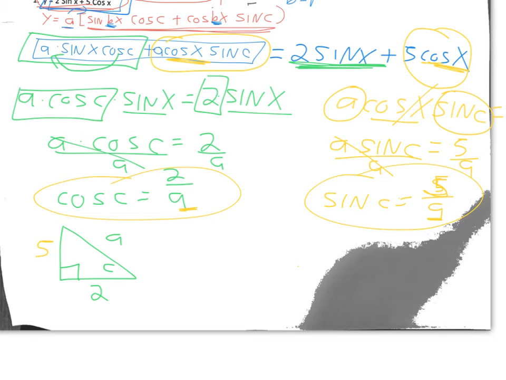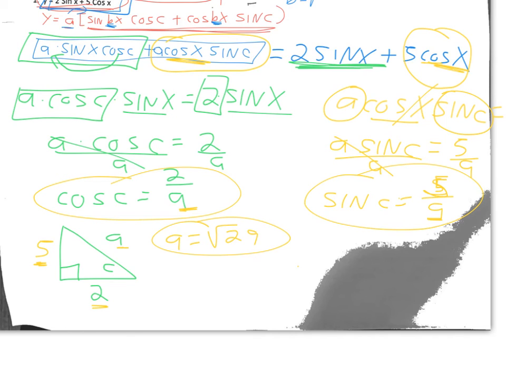So now we have that right triangle, and I'll be able to figure out A and C by using SOHCAHTOA or using Pythagorean's formula. Now A, I can figure that out by just using Pythagorean's formula, right? If I can just say 2 squared plus 5 squared is going to equal A squared. So let's see here, 2 squared plus 5 squared is going to give us 29. Take the square root. So A is the square root of 29.